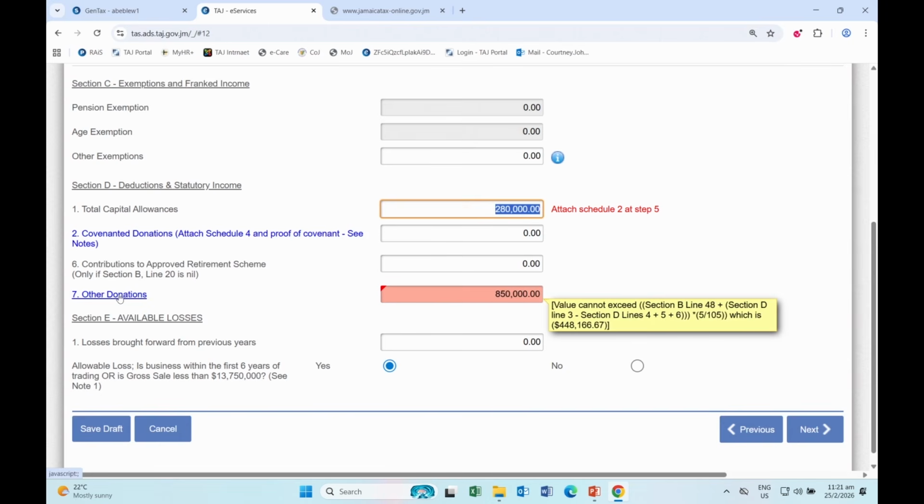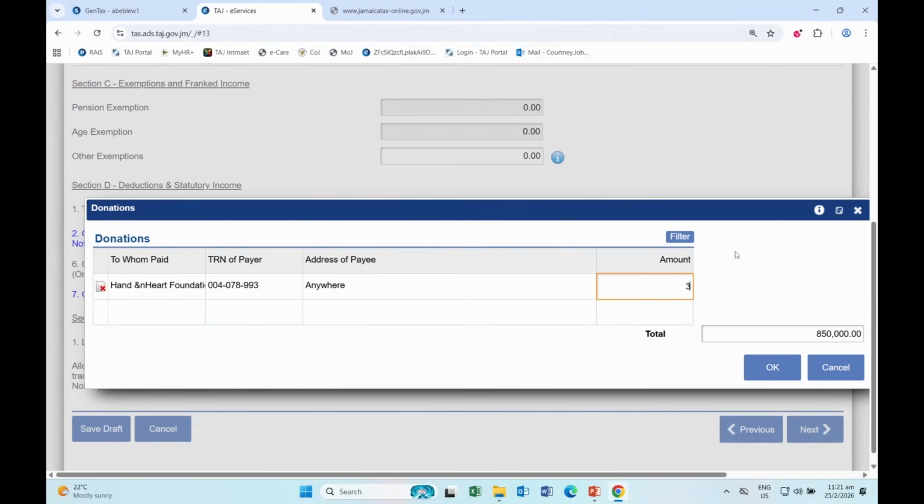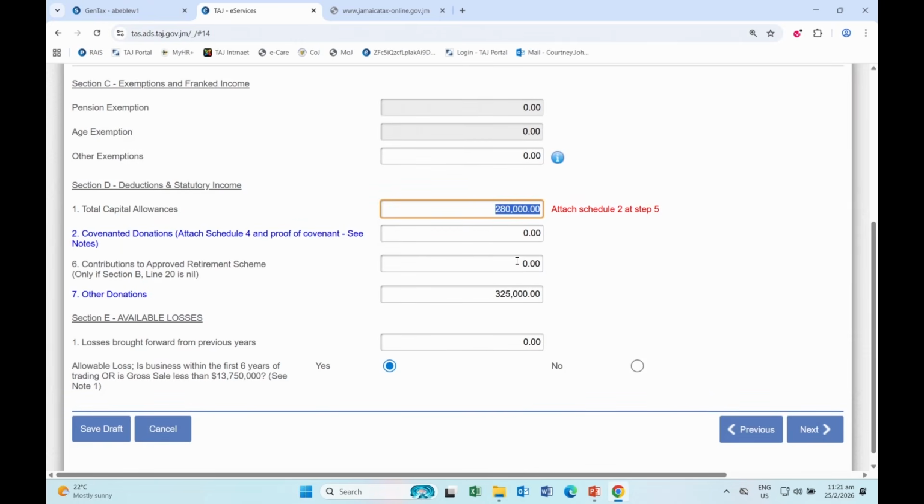So just so you know what will happen if you try to claim more donations than is allowed. Let's revisit this amount. His total donations was $325,000. So from there we see we're in the clear. He is in conformity with what is required where donations are concerned.